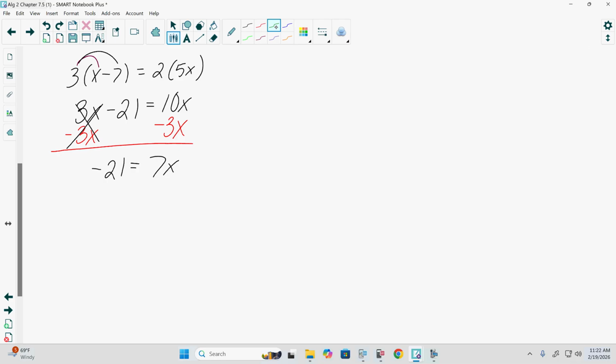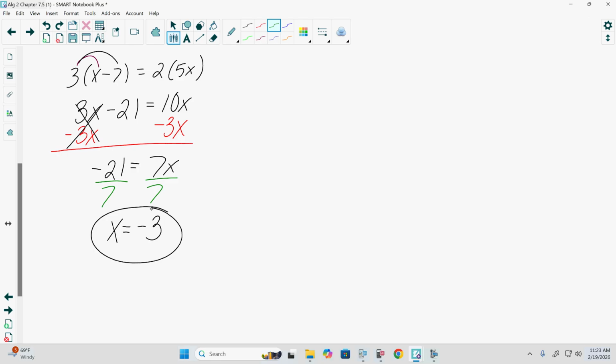Now we have the variables by themselves, numbers without variables by themselves, so we can divide both sides by 7. 7x divided by 7 is x, negative 21 divided by 7 is negative 3. Does it matter that I flip the side with x and negative 3? No, equality works either way.